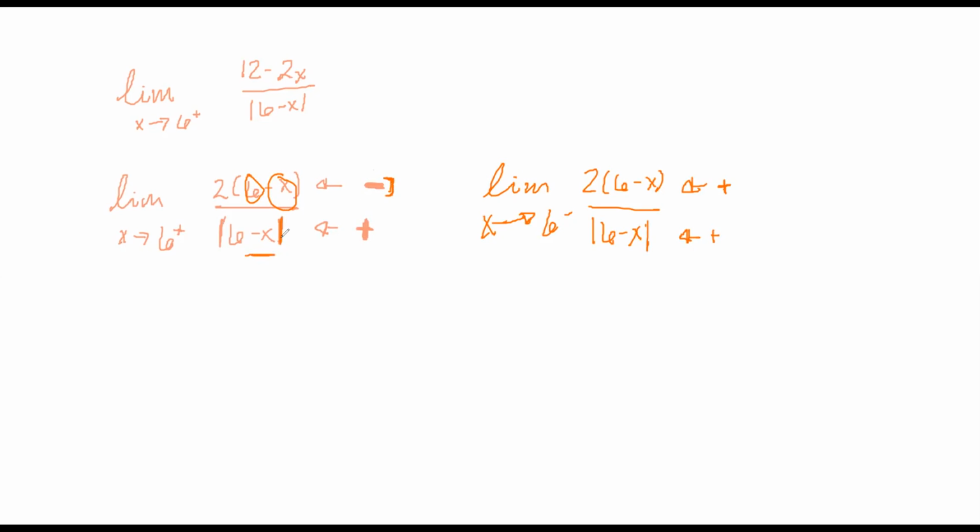Regardless of what goes in, the absolute value is going to be positive, right? Six minus 6.999 is negative.